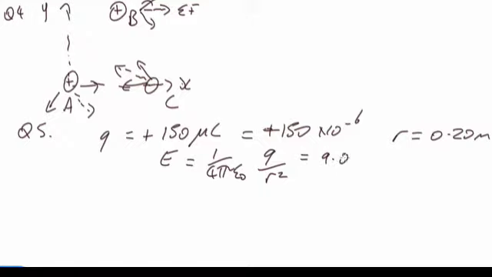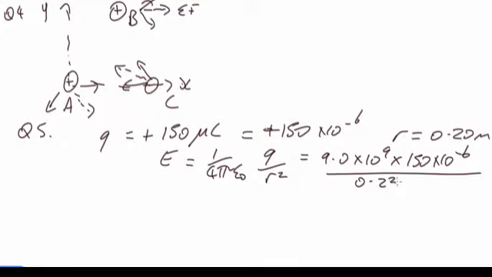So putting in those values, 2 significant figures, we have 9.0 by 10 to the 9, we have 150 by 10 to the minus 6, we have 0.2 squared, and that gives us an electric field of 3.4 by 10 to the 7 newtons per coulomb, and the direction is to the east or to the right of that positive charge, so moving away from it.